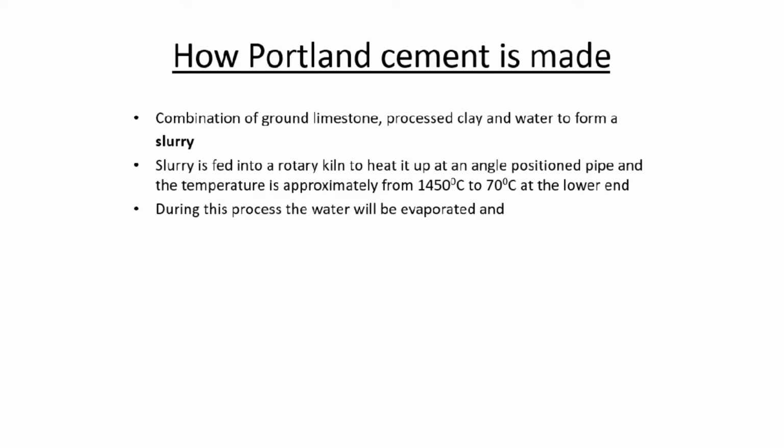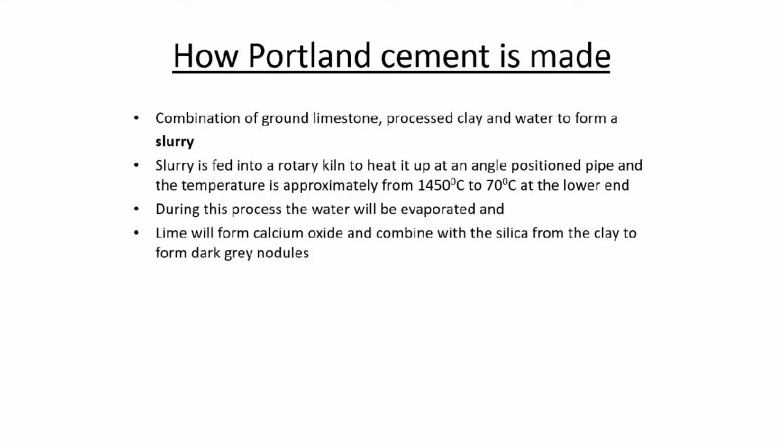During this process, obviously the water will evaporate because of the heat. Lime will form calcium oxide and combine with the silica from the clay to form dark gray nodules. The clinker is ground into a fine powder to form Portland cement.